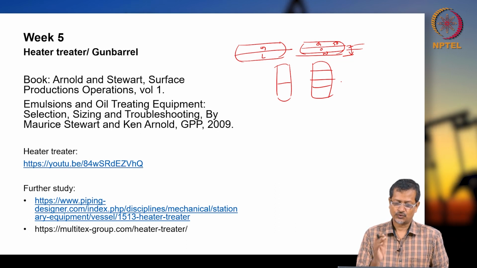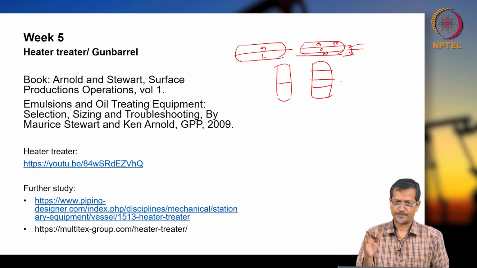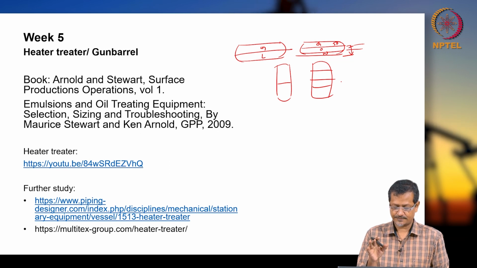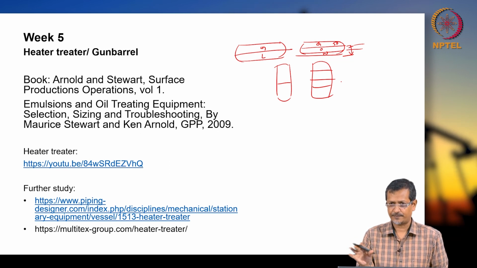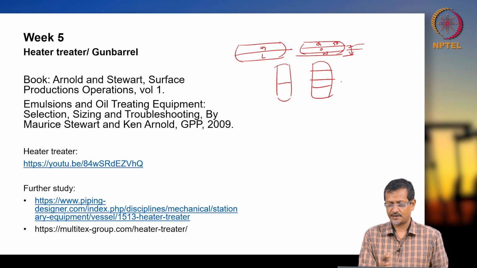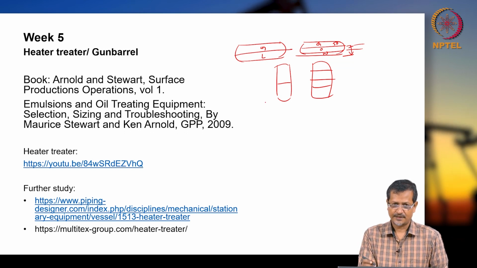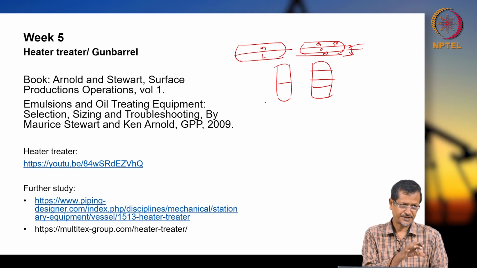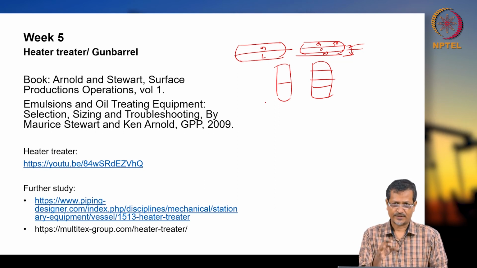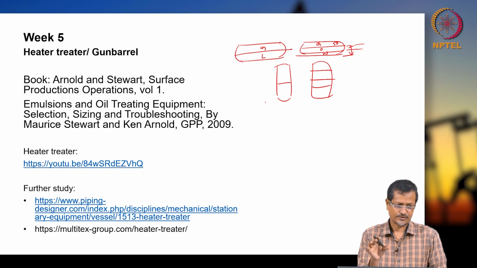To go through this chapter, you have to recap the previous chapters, like the emulsion treating theory we have already discussed: why an emulsion is created, how you are separating it, and what chemicals you are using. That theory you also have to go through.